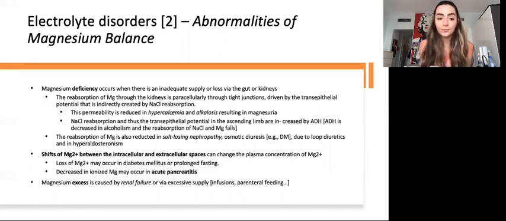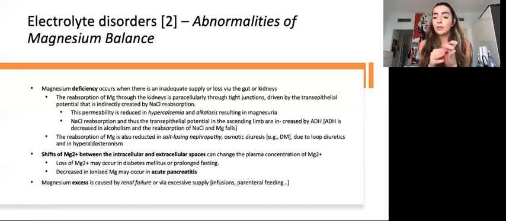the ascending limb. We also have shifts of magnesium between the intra and the extracellular spaces, which can change the plasma concentration of magnesium, such as occurs in diabetics or in fasting people, because insulin stimulates the uptake of both potassium and magnesium, so the loss of magnesium may occur in diabetics or prolonged fasting.